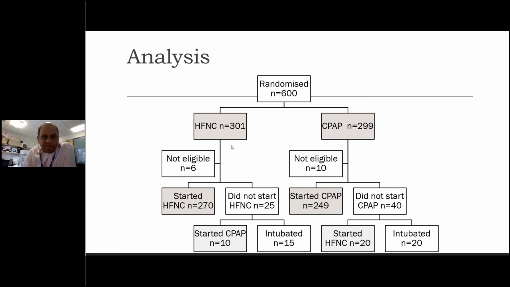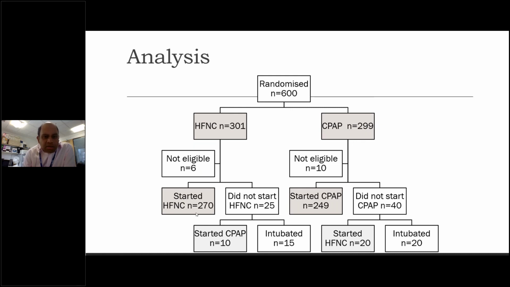But what happens after that is people do all sorts of weird things. Like they say, oh, 6 of these patients were not eligible for the study because we discovered that they were premature and you didn't really want any premature babies in there. Or they say, oh, they're not eligible because they had already received some respiratory support for 5 hours beforehand, so I can't really put them in.